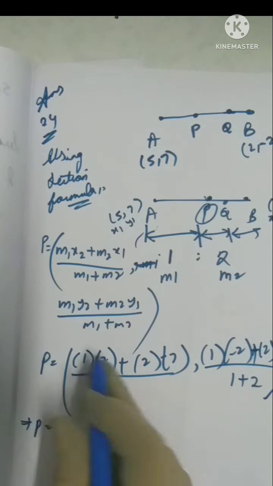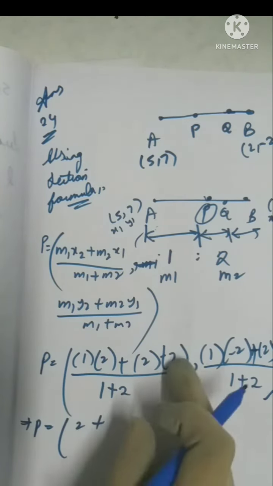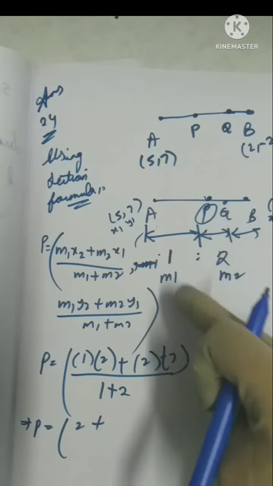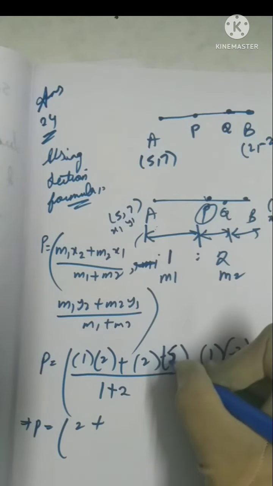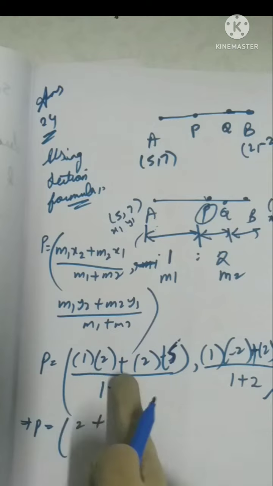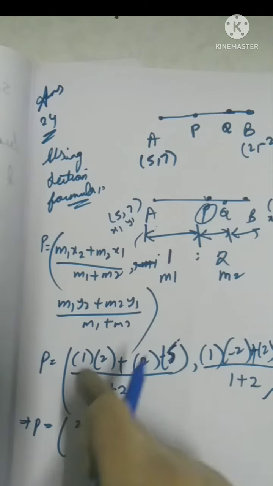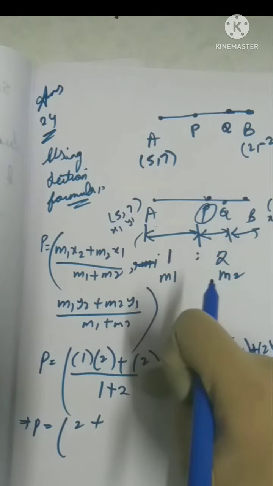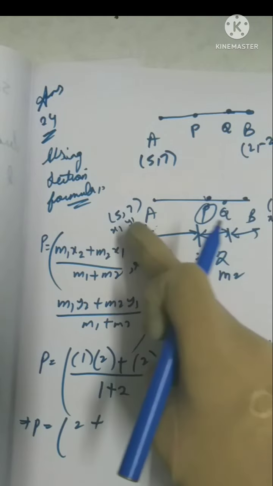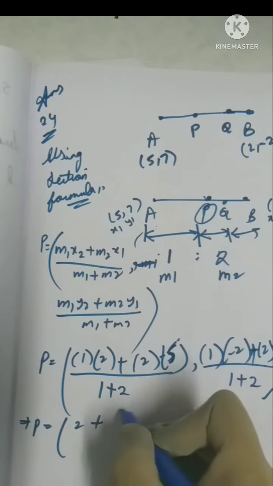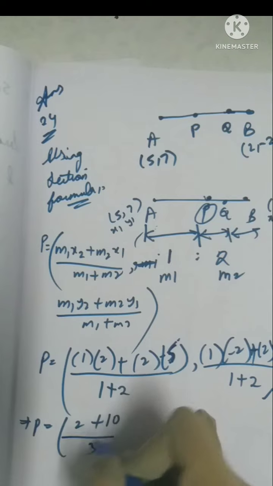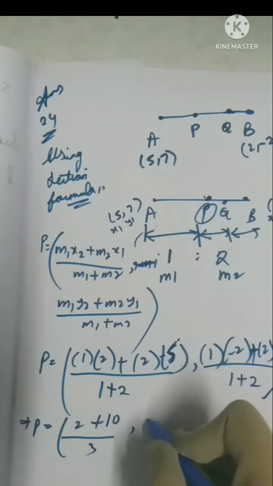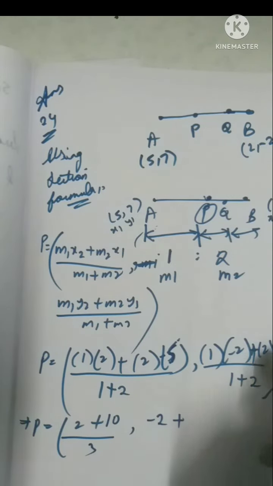So P is equal to 2 ones are 2 plus 7 twos are 14. x1 here is 5, okay. 1 into 2 plus 2 into 5, that is m1x2 plus m2x1, plus 5 twos are 10. 2 plus 1 is 3, comma -2 into 1 is -2, plus here we have m1 y2 plus m2 y1.